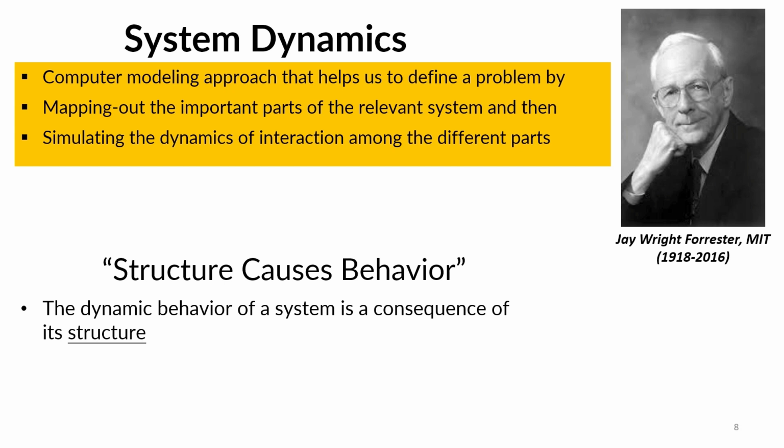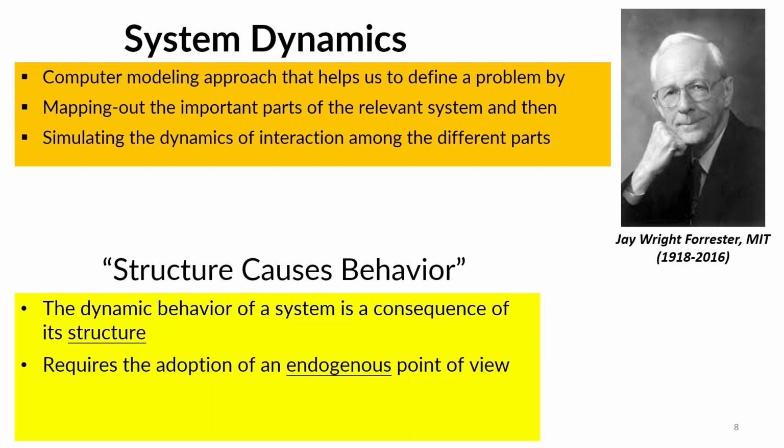This is probably the most fundamental guiding principle of using system dynamics, that whatever we see is happening within a system is primarily a consequence of the structure. So therefore, we can say that structure causes behavior. And this forces us to adopt an endogenous point of view.